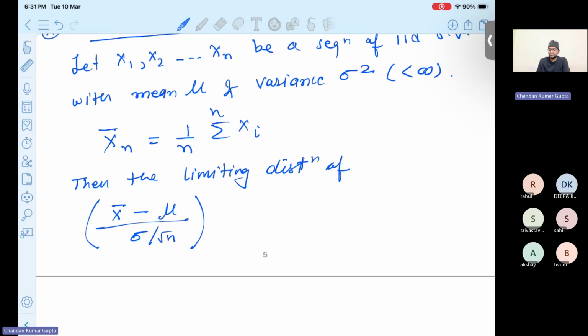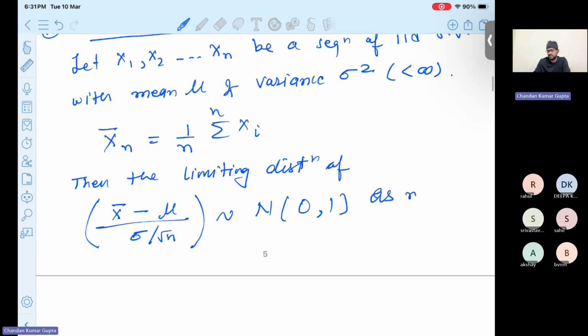It follows normal distribution with mean 0 and variance 1 as n tends to infinity. If we consider n to be sufficiently large, then suppose xi follows any kind of distribution, that doesn't matter.